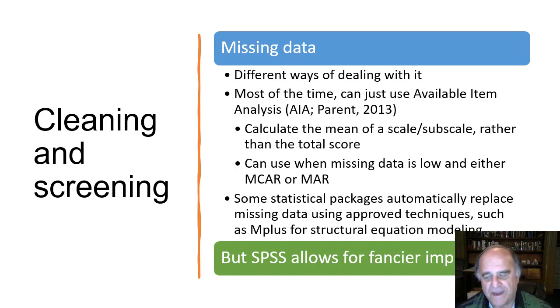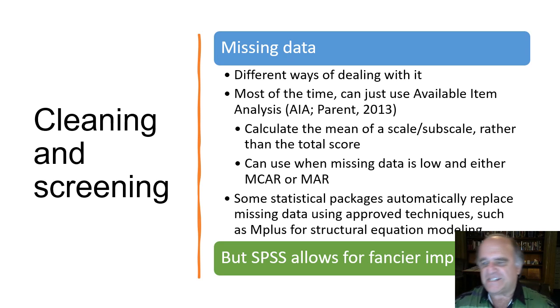So again, in terms of missing data, there are different ways of handling it. Most of the time, Parent 2013, the one article, suggests you can just use available item analysis. That means you usually use pairwise deletion. You tell SPSS or whatever the program is to use pairwise deletion.